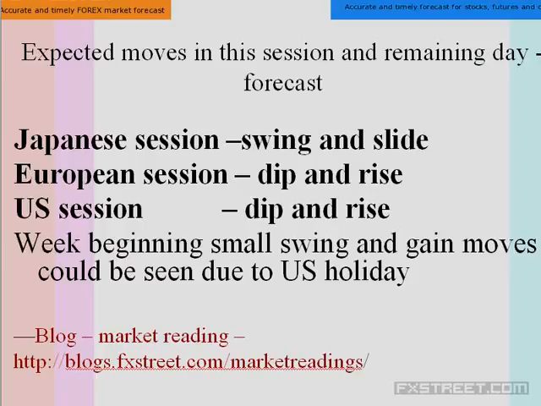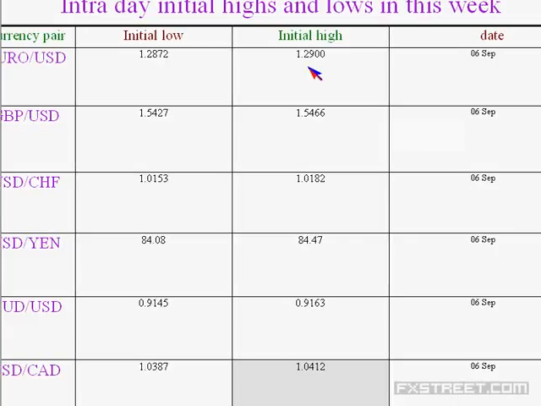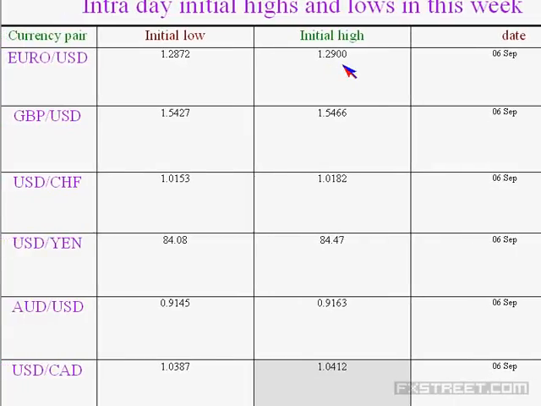Looking at the initial lows and highs, Euro after cutting the high by 2 pips has not gained. Similarly, GBP after cutting the high is holding above the initial high, 1.5466, but has still not breached the high. Yen has not gone either up or down.